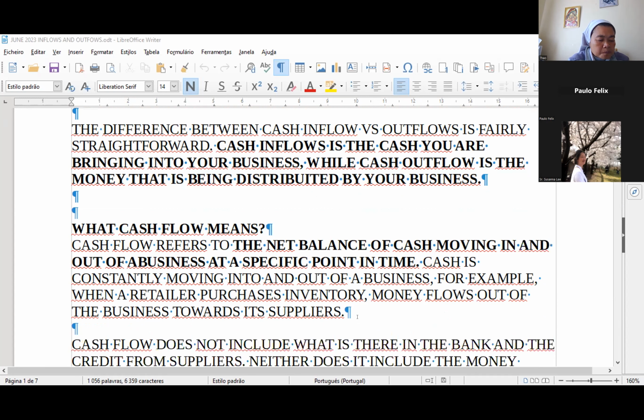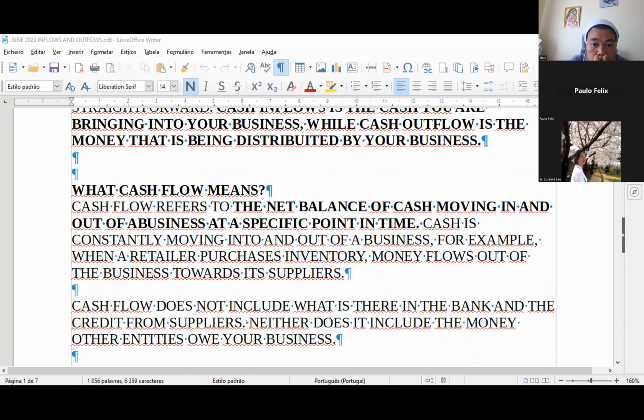For example, when a retailer purchases inventory, money flows out of the business towards its supplier. Cash flow does not include what is there in the bank and the credit from suppliers. Neither does it include money belonging to other entities.